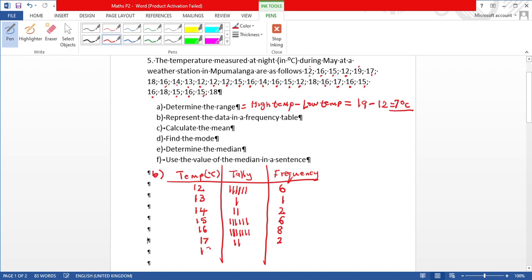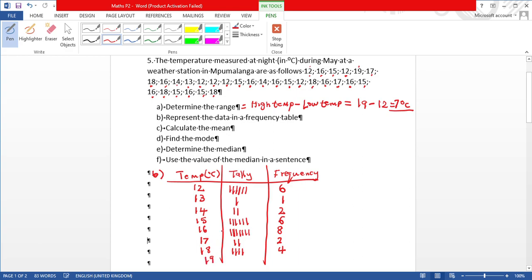Then 18. How many of them? Okay, you've got 1, 2, 3, 4. If you're going to tally that, you're just going to write 4 marks, and then you say 4 is the frequency for 18.